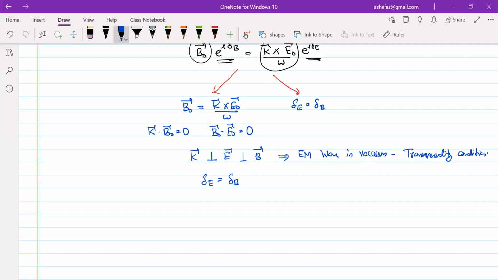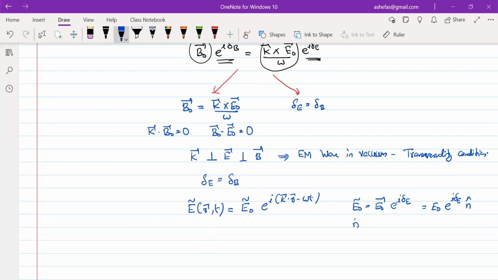Now we can write the expression for the electric field. This electric field E tilde of r,t, earlier we have written as E0 tilde e raised to i(k dot r minus omega t), where this E0 tilde we can write as vector E0 times e raised to I delta E. Now this can also be written as E0 times e raised to I delta E times a unit vector n.